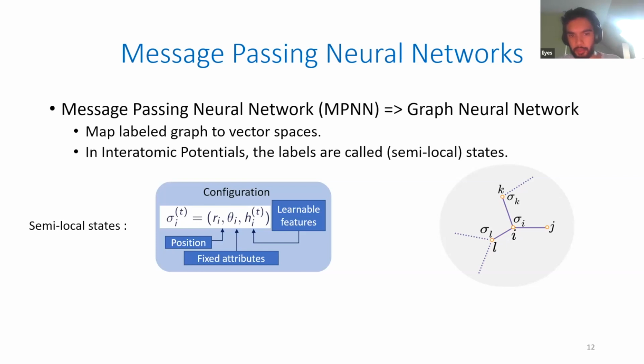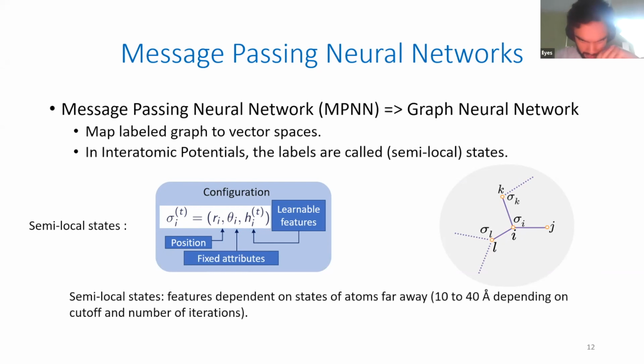The first one is the position of the atom i. The second one is the set of fixed attributes, which in force fields we usually take only as the chemical element of this atom i. And then h_i is just learnable features that are meant to be updated during the algorithm. You gather all that into one thing that is called the semilocal state.